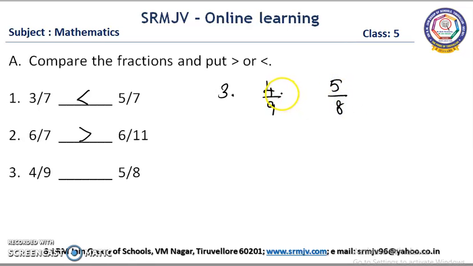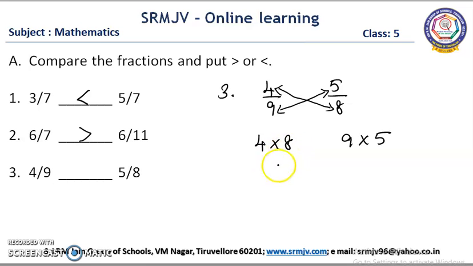First we have to multiply the numerator of the first fraction and the denominator of the second fraction. That is 4 into 8. Then we have to multiply denominator of the first fraction and the numerator of the second fraction. That is 9 into 5.